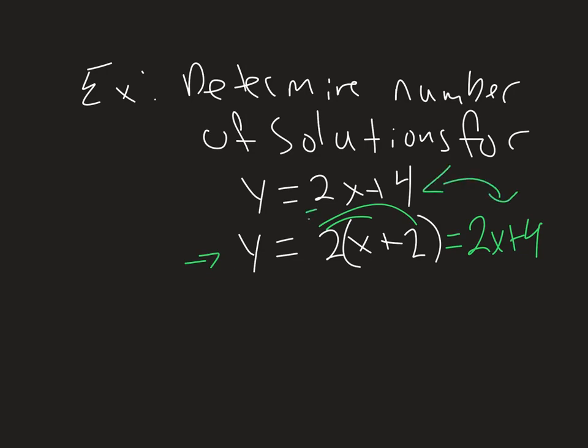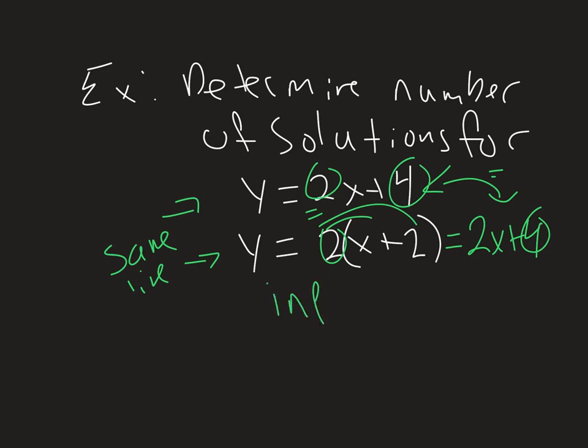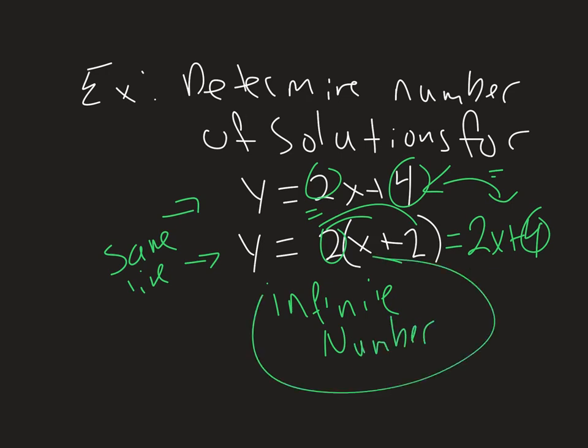They both have the same slope and the exact same y-intercept, which would mean that they are the same line, which means that we have an infinite number of solutions. So there's an example of each case, and there are only three possibilities.